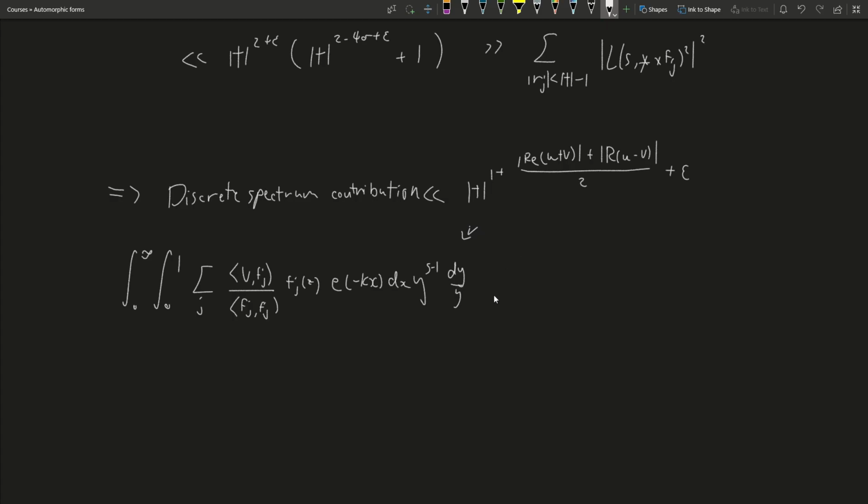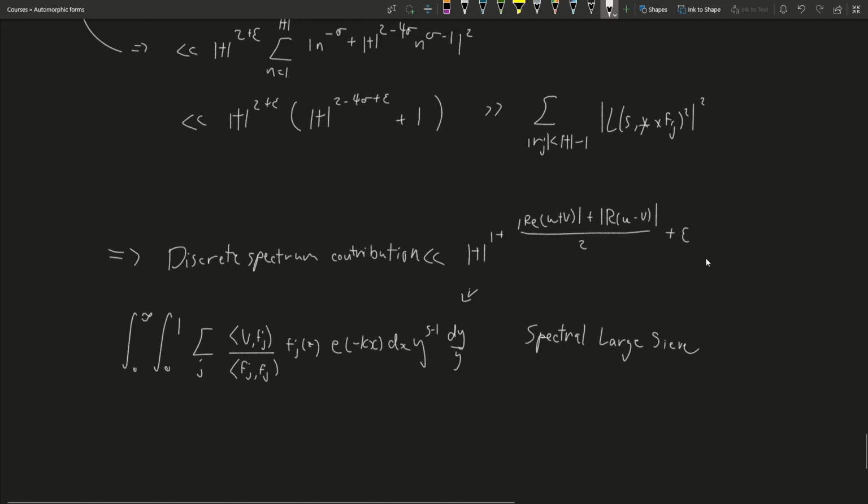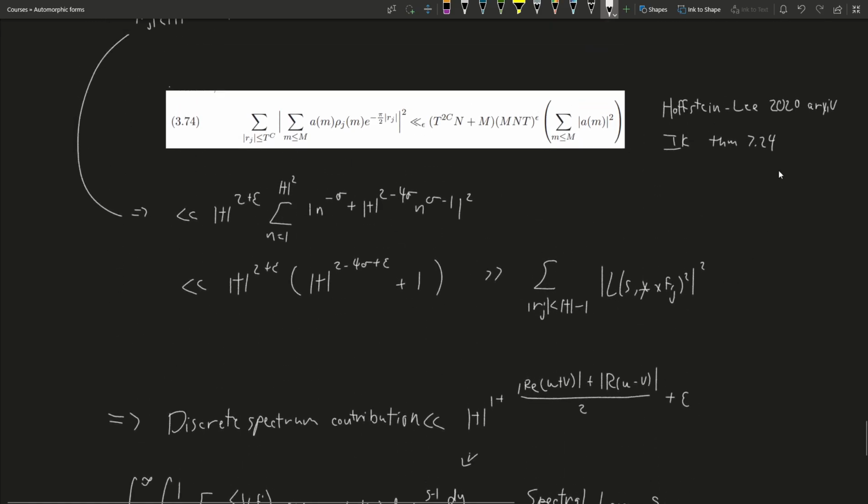And so this is what is known as the spectral large sieve. And saying that it's the spectral large sieve, it's really this thing.